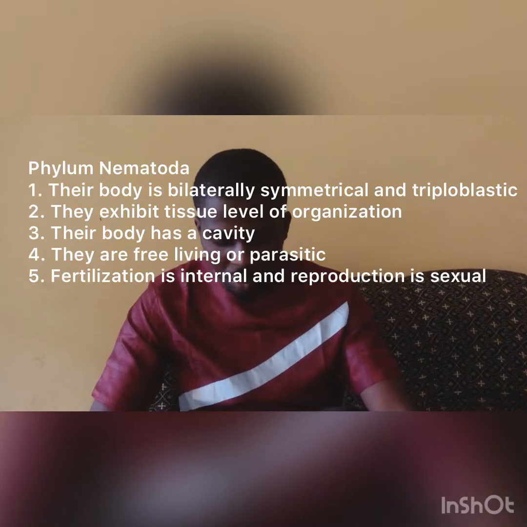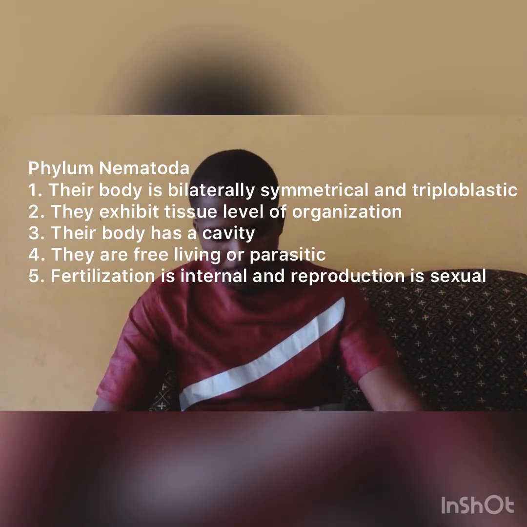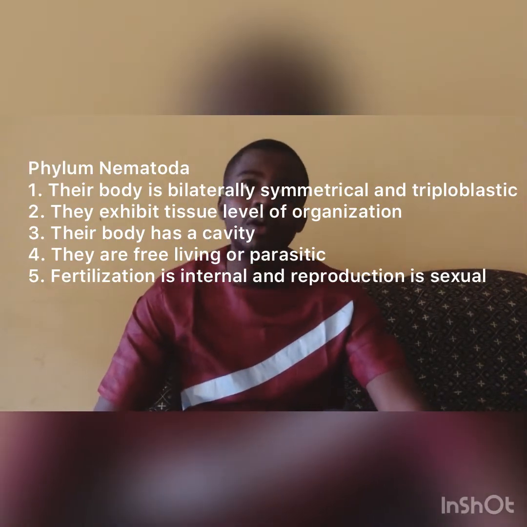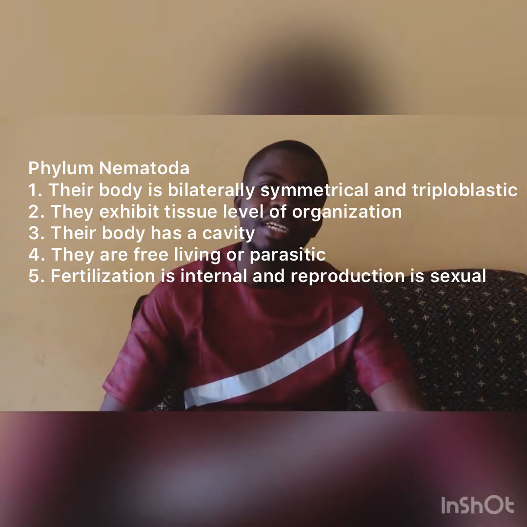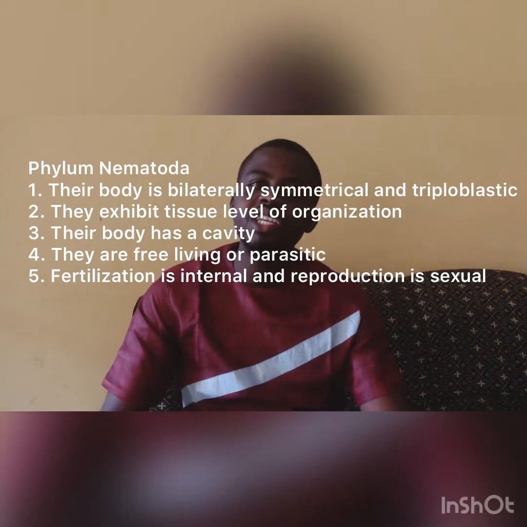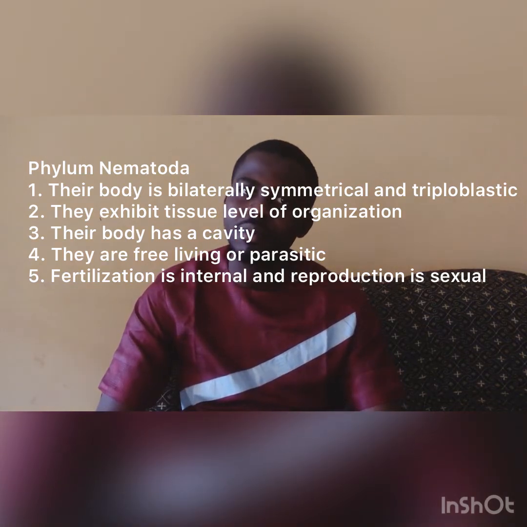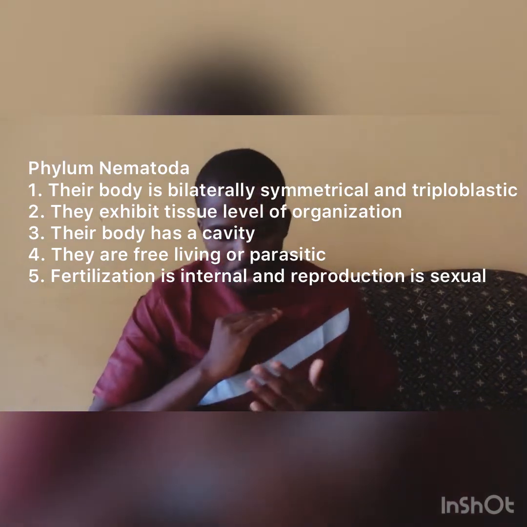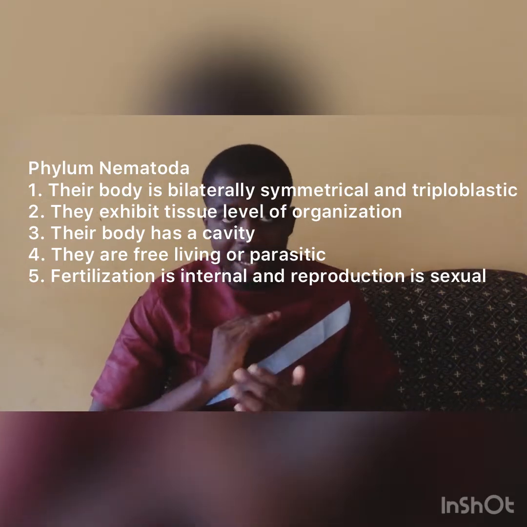The first one is the Coelenterata, and then the second one now is the Platyhelminthes. Then the third phylum that we'll be mentioning here today is the phylum Nematoda. And the first thing about the phylum Nematoda is that their body is bilaterally symmetrical and triploblastic. I've mentioned the meaning of triploblastic for Platyhelminthes, that they have 3 body layers.